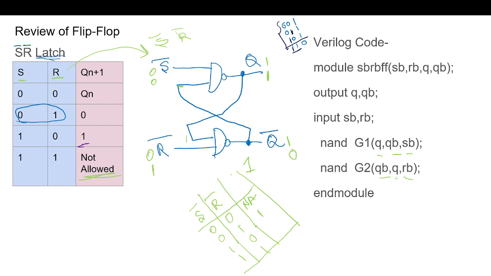So the output will be 1. When it is 1, 0, this is 0, so I know this will be 1 and this will be 0. So I will get 0. If it is 1, 1, it can be like the previous one. So it will be like memory, the same previous state Q.I.